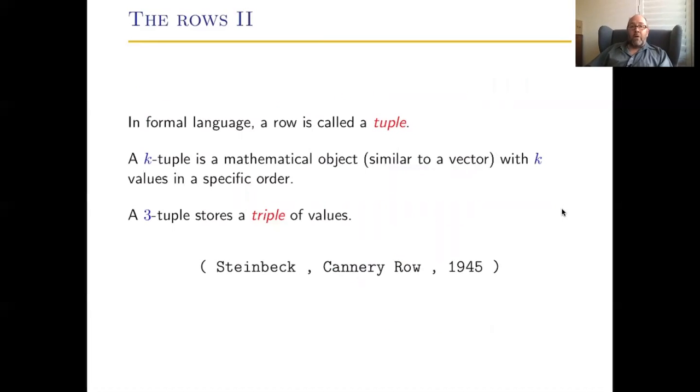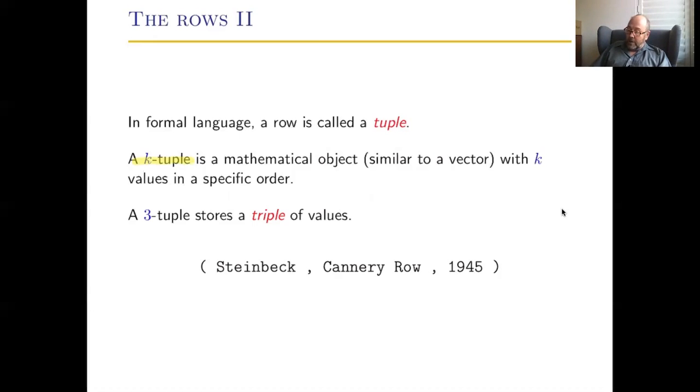Just some more about the language. In the formal mathematical language, a row is sometimes called a tuple, and that terminology comes from mathematics, because in mathematics, a k-tuple is a mathematical object that stores k values in some particular order.